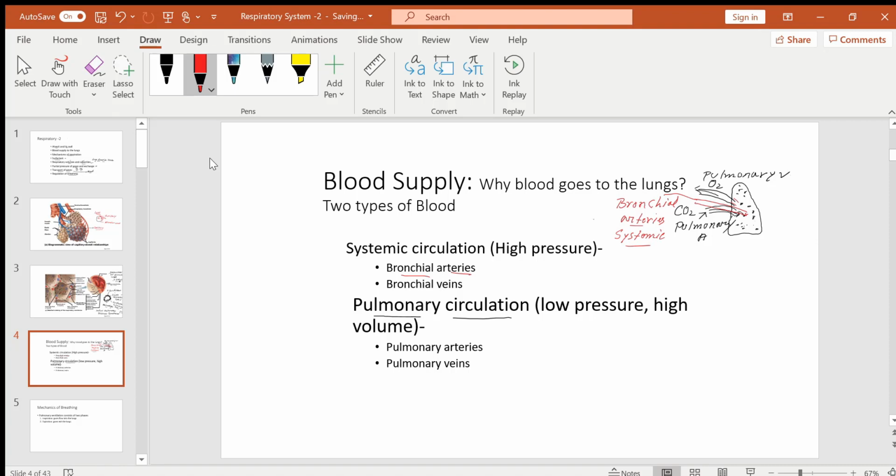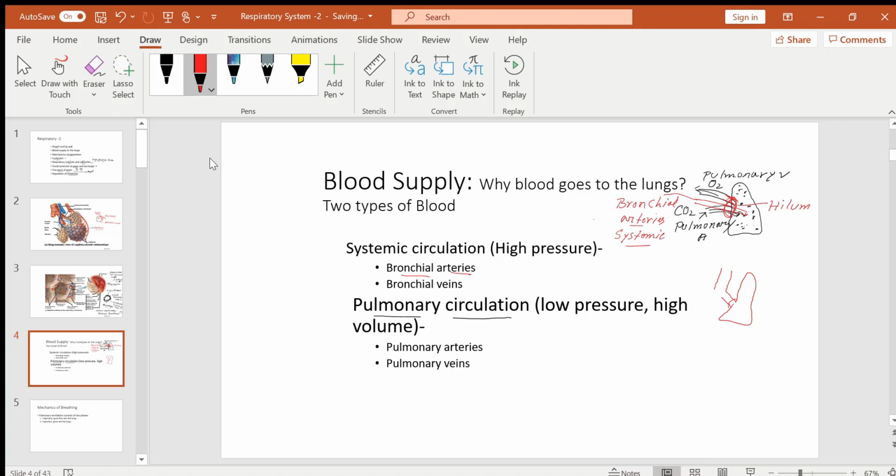And the area in the lung where the blood vessels pass through is called the hilum. So the hilum is the area through which the blood vessels, that means arteries and vein, pass through. And also you remember the primary bronchus enters into the lung, right and left, through the hilum.